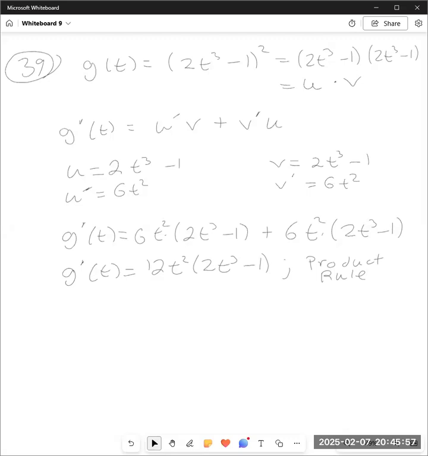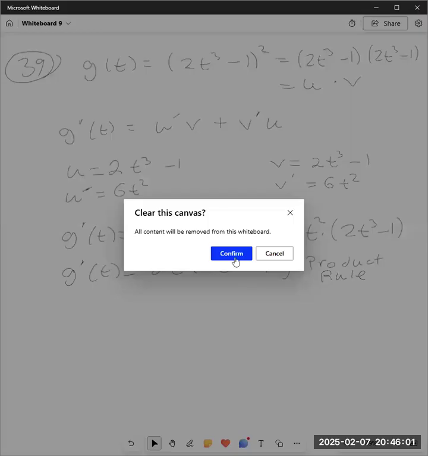Number 43. F of x is equal to x minus 2 times 3x plus 1 over 4x plus 2.